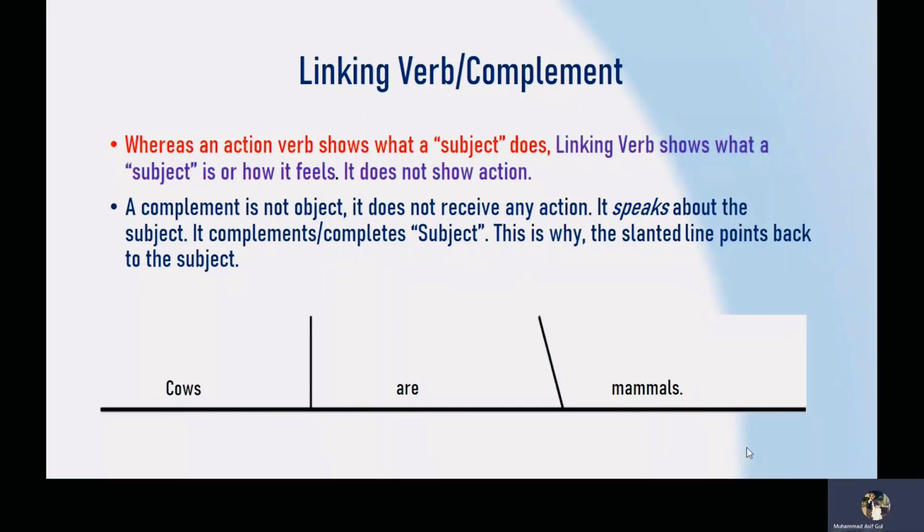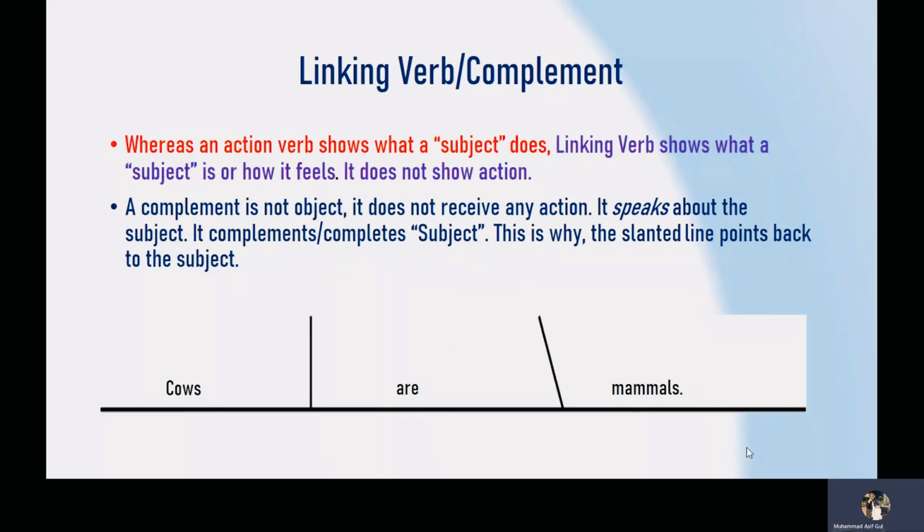So a complement is not an object. It does not receive any action. It just speaks about the subject. It completes the subject. And this is shown by the slanted vertical line before mammals.